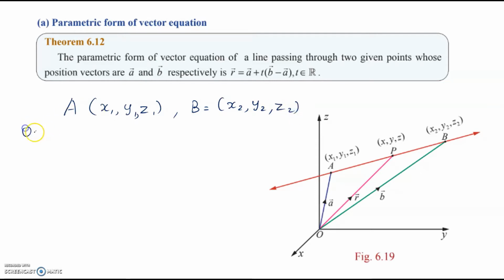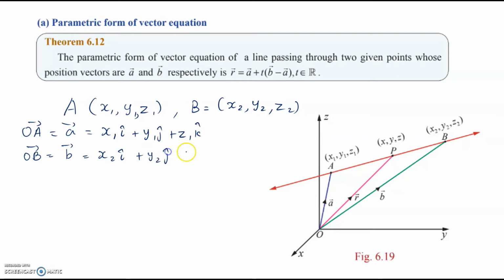So we can write the OA vector as vector A, or it can be written as x1 i cap plus y1 j cap plus z1 k cap. Similarly, the OB vector can be written as vector B, which is x2 i cap plus y2 j cap plus z2 k cap.